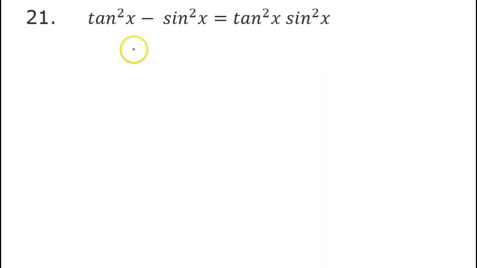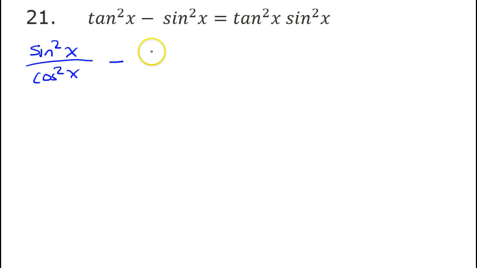Okay, this will be the last problem on this video. I'm going to take the left-hand side because it has the minus sign that allows me to get like denominators and combine the terms. And that usually works out pretty well for me. So tangent squared x is the same thing as sine squared x over cosine squared x.